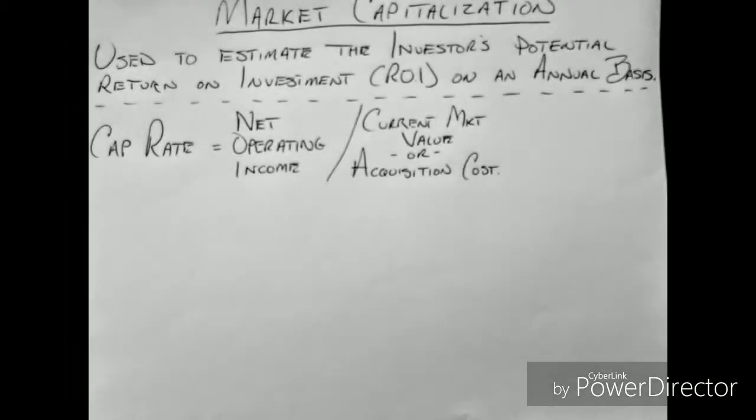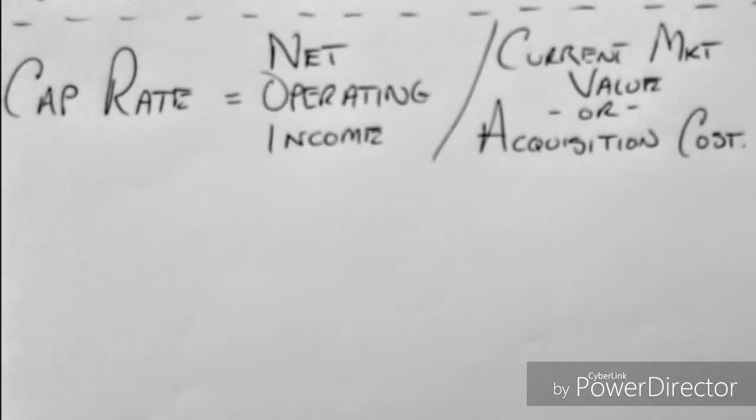So let's go over what the cap rate looks like. In order to solve for the cap rate, for market capitalization, you divide your net operating income by your current market value or the acquisition cost of the property.